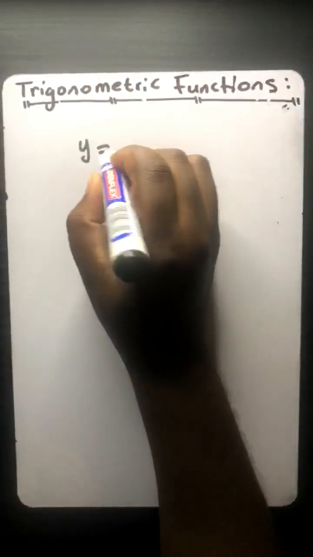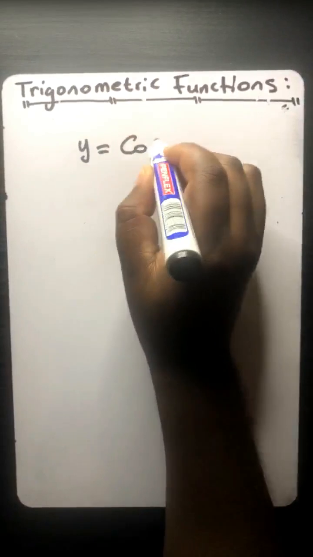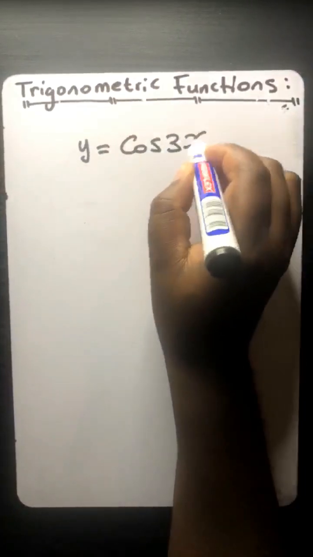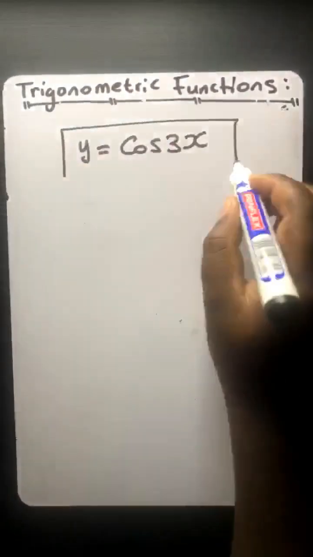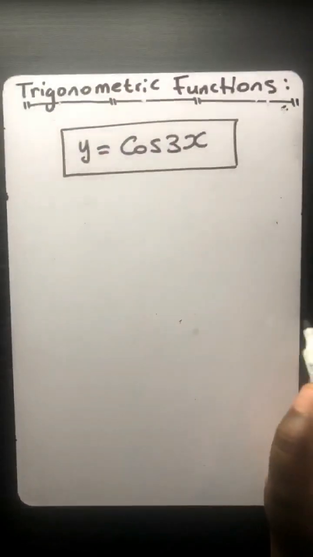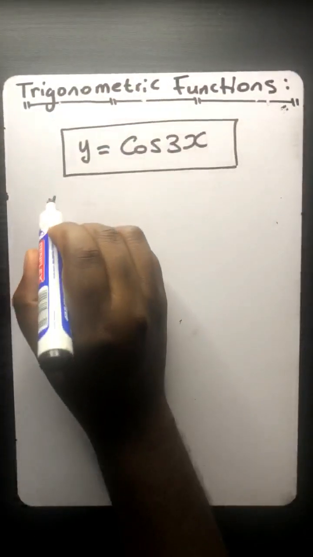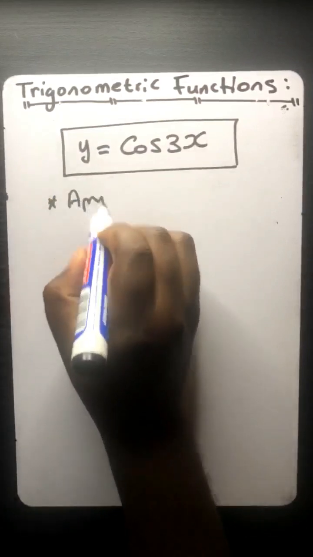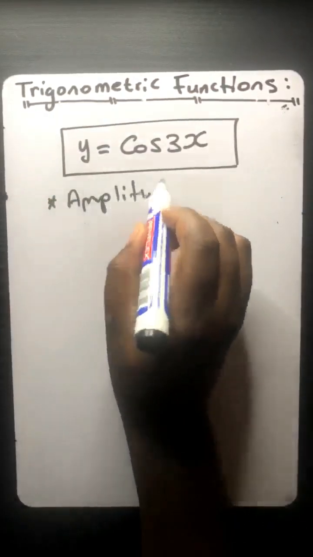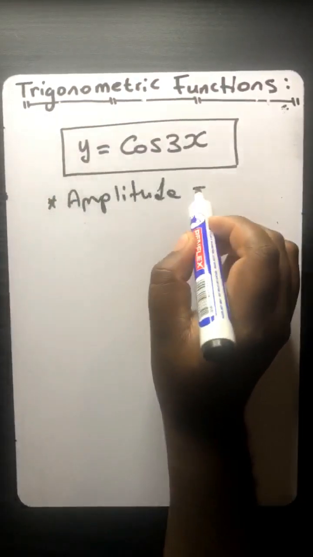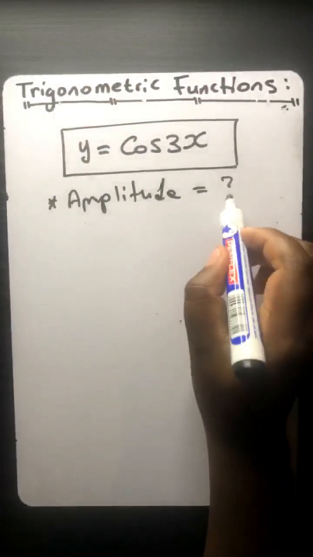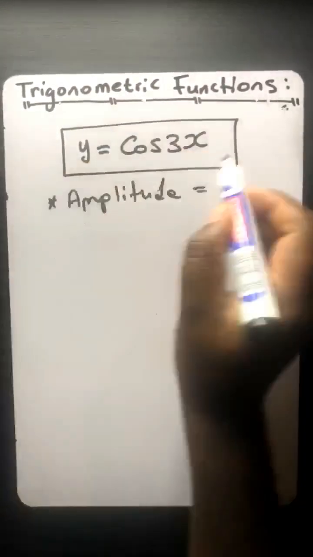I'm giving you this one, cos 3 angle. And then for the code for today, you are either going to just say amplitude. This is you commenting amplitude, and then you say it's equal to, then you give an answer for the amplitude of that.